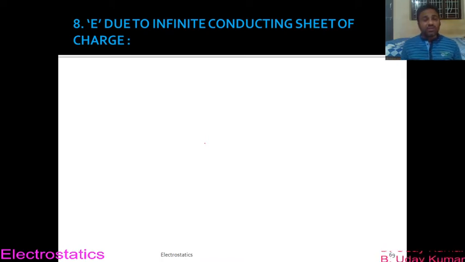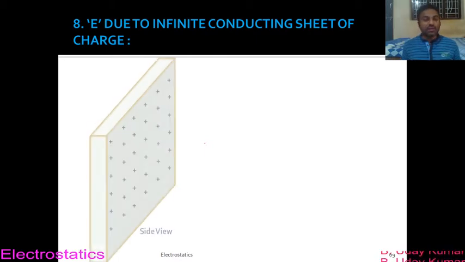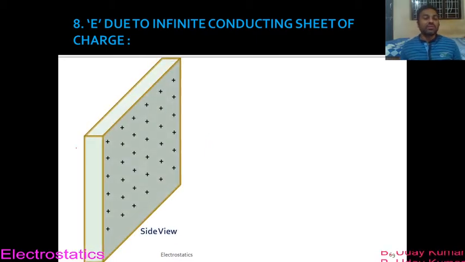So anyway, what is an infinite conducting sheet of charge? This is a conducting sheet of charge. Can you see this one? It's a conducting sheet of charge that I have assumed. In simple words, if the charge is uniformly distributed on a conducting sheet, that system we call a conducting sheet of charge.